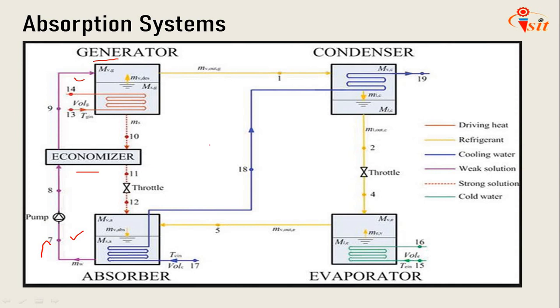A part of the coolant will be driven out from the rich solution and flows to the condenser. After that, the remaining poor solution flows back to the absorber.